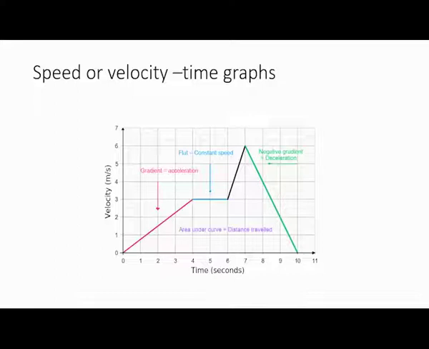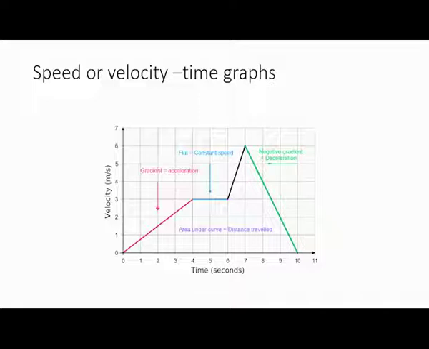Students are also expected to be able to explain what happened to the motion of the object at each section of the graph. For example, in the first part of the graph, from 0 seconds to 4 seconds, the object is accelerating uniformly. Then from 4 seconds to 6 seconds, that's constant speed, which is 0 acceleration.